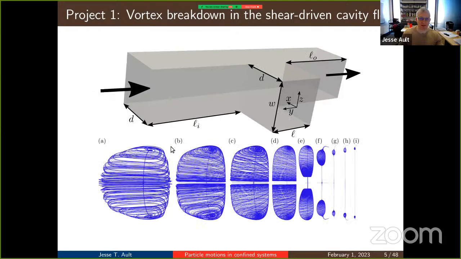And what we'll find is that you can have these closed recirculation zones forming inside the cavity, which very much resemble vortex breakdown, which we'll introduce, and can have a lot of consequences on capture and trapping of particles, or when you get into the other end of the space where you're trying to, for example, flush or clean a system, these effects can hinder or drastically increase the timescale required for cleaning a system. So this is the first project that I'll talk about.